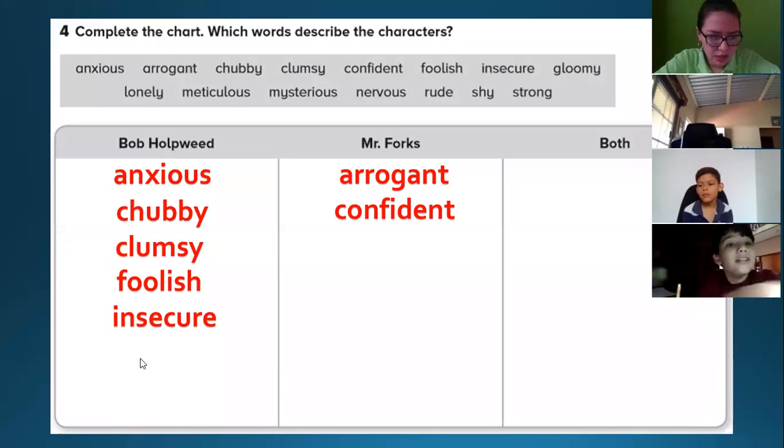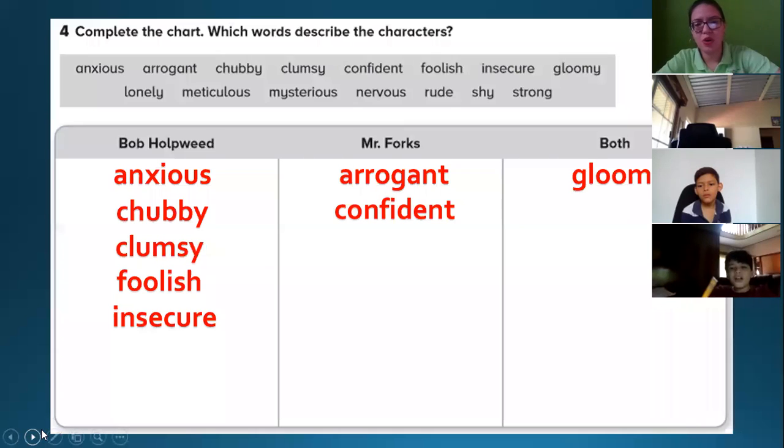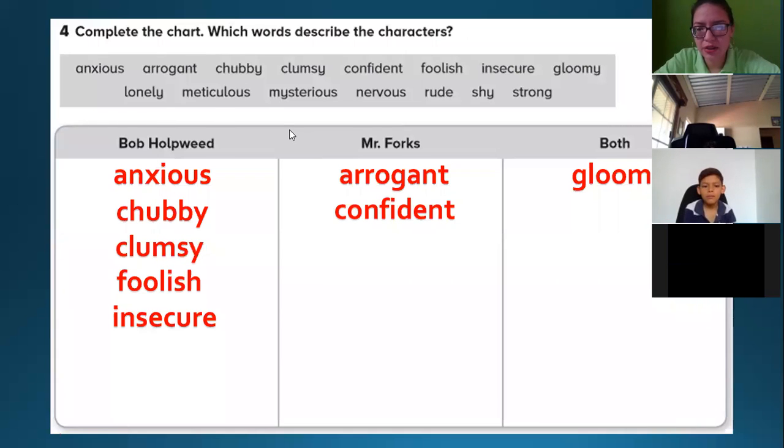Okay, so let's see who is gloomy. Gloomy are both. Both are gloomy. Okay, lonely. Who is lonely? Anderson, who is lonely? Mr. Forbes. Mr. Forbes is lonely? Mr. Forbes doesn't have family and friends? Okay, no. Bob Holwitz is lonely.